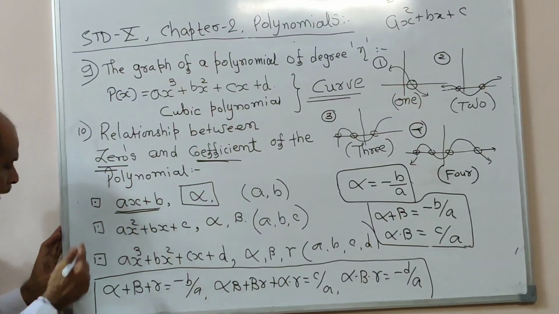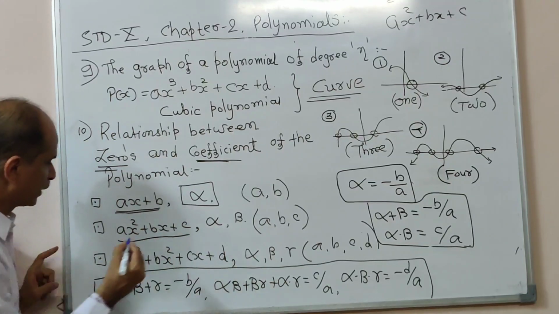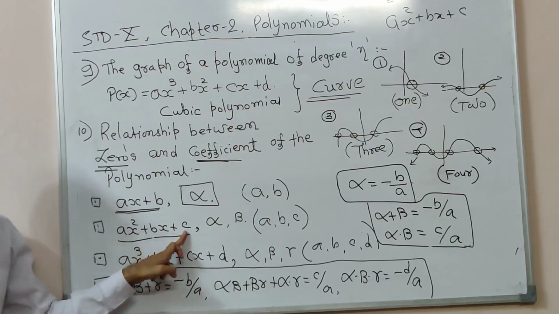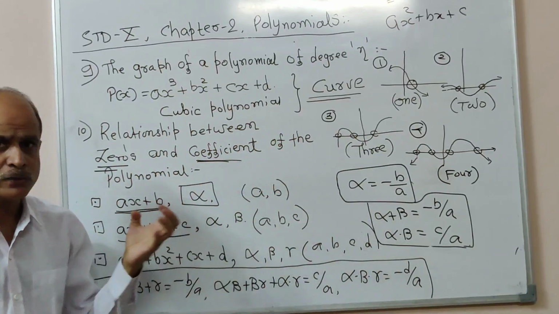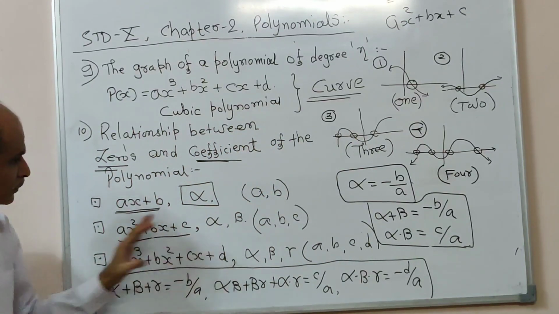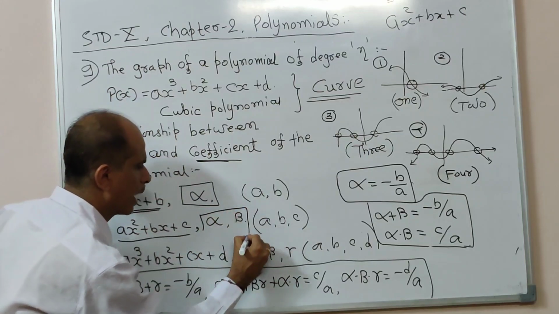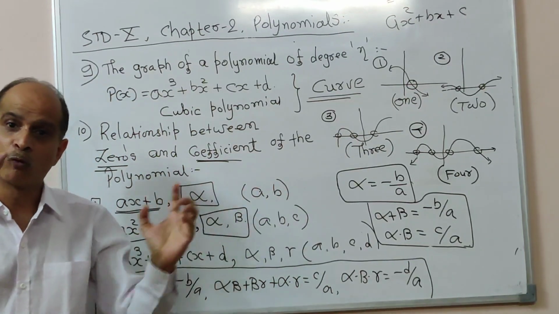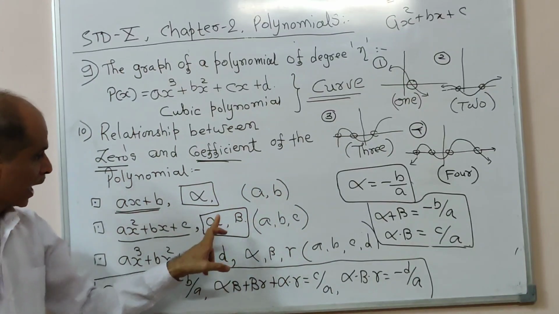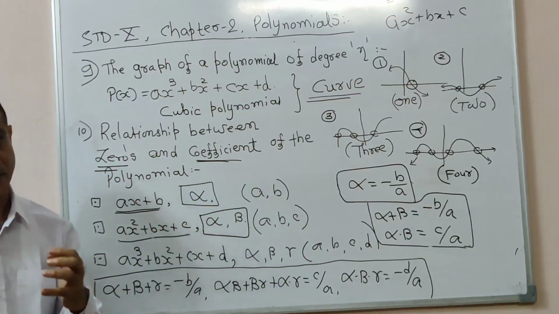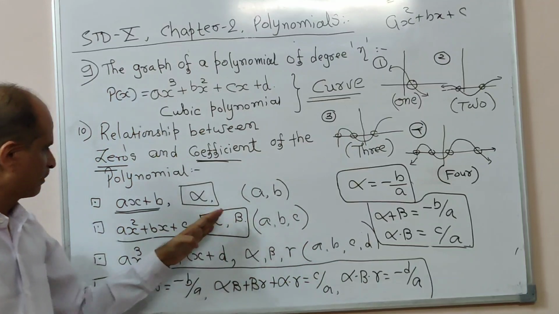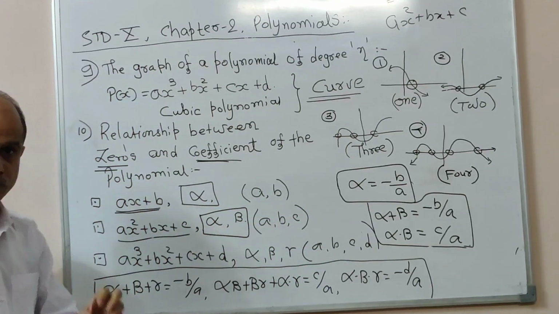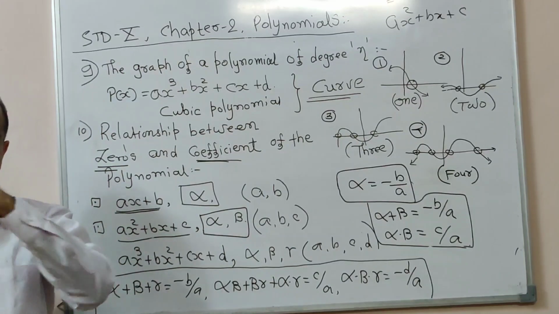Well, the general formula of a quadratic polynomial is ax square plus bx plus c. So it has a maximum of two zeros. The names of these zeros are alpha and beta. So we have to establish one relationship between alpha, beta and a, b, c, because alpha, beta are zeros and a, b, c are coefficients of the quadratic polynomial.